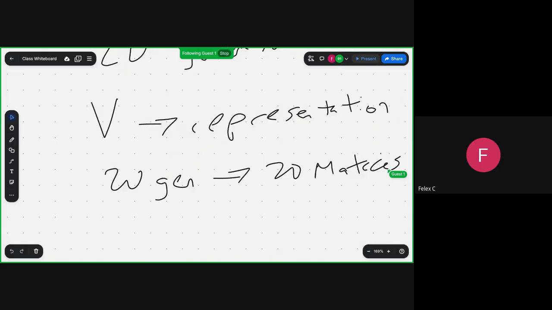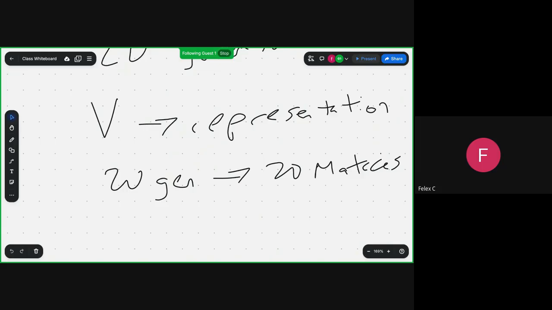If a vector A of the vector space V is an eigenvector of any element of the subalgebra, then the 20 matrices acting on A would produce 20 eigenvalues.